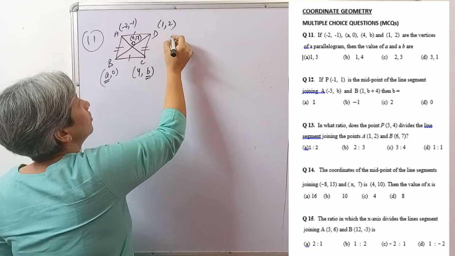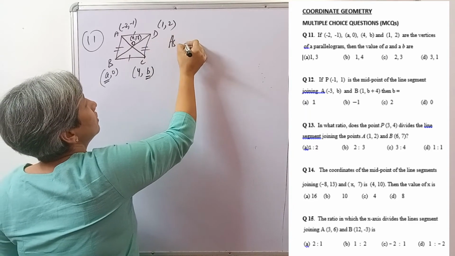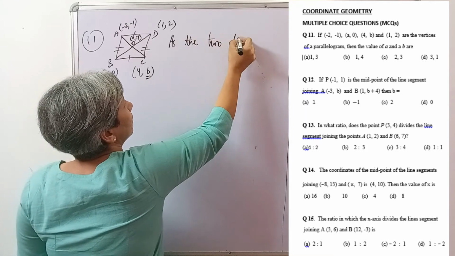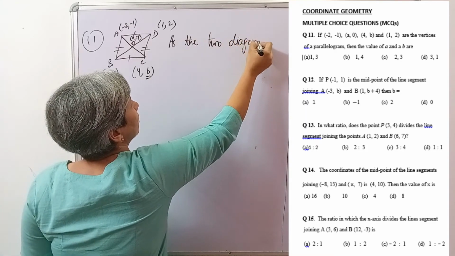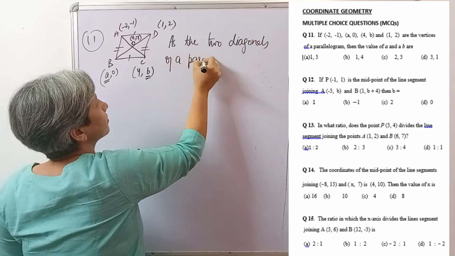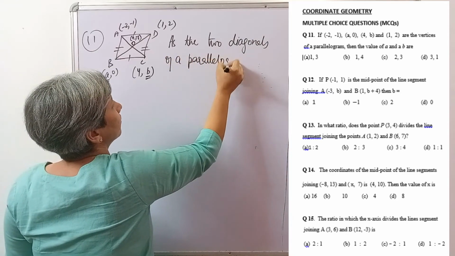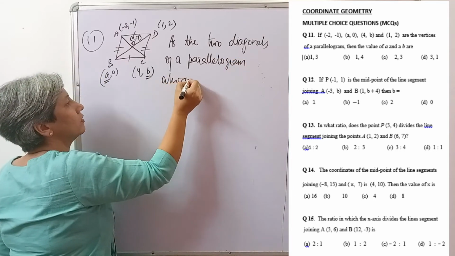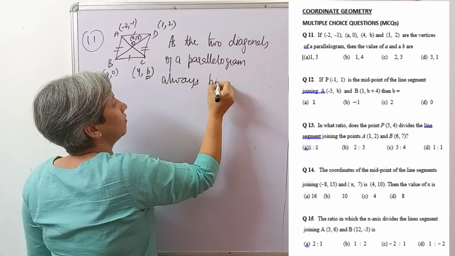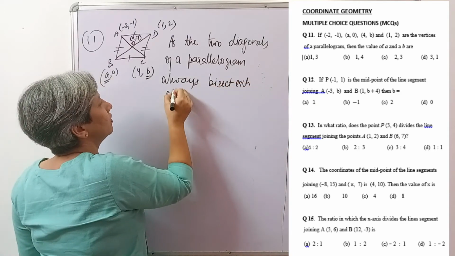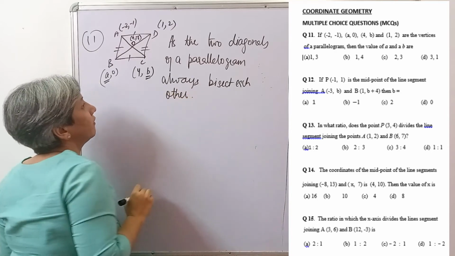So as we know, the two diagonals of a parallelogram always bisect each other, right?